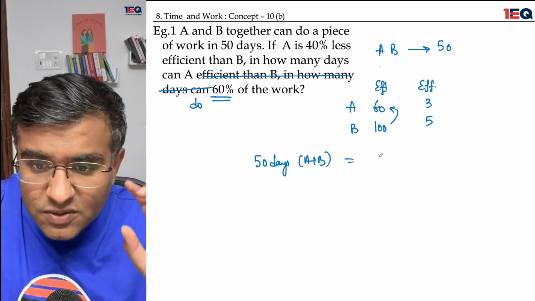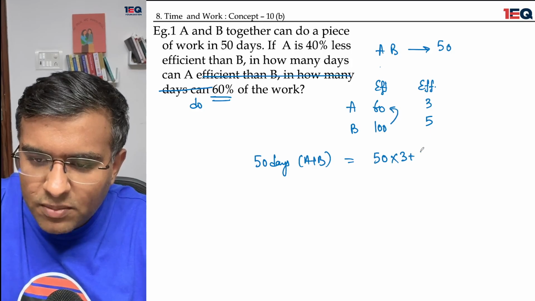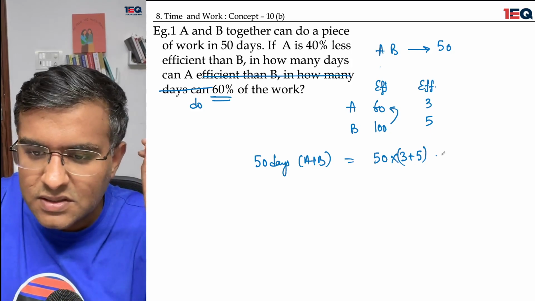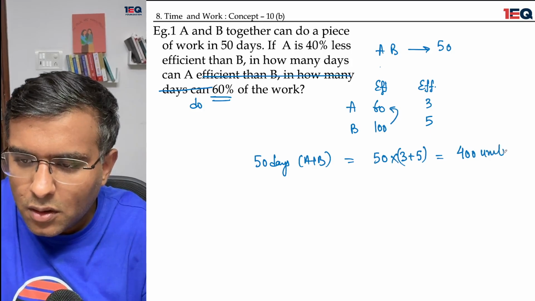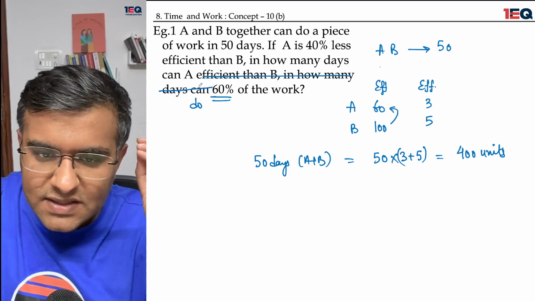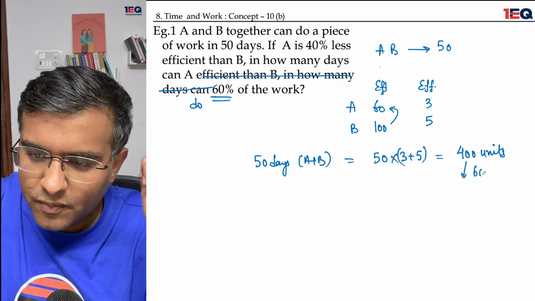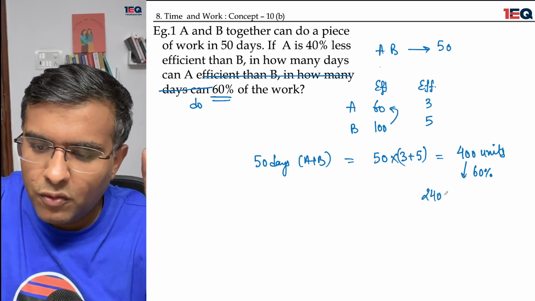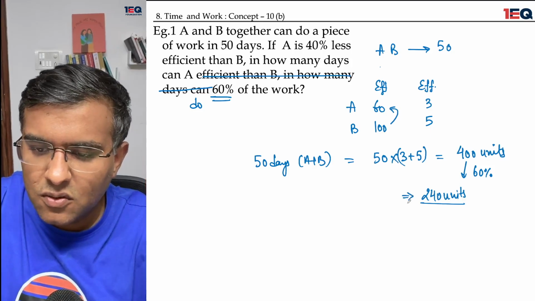This means in terms of units, 50 multiplied by 3 plus 5 is the total work being done by them, which is equal to 400 units of work. Now, how many days can A complete 60% of the work? First, let me find out 60% of the work. 60% of 400 is 240 units.